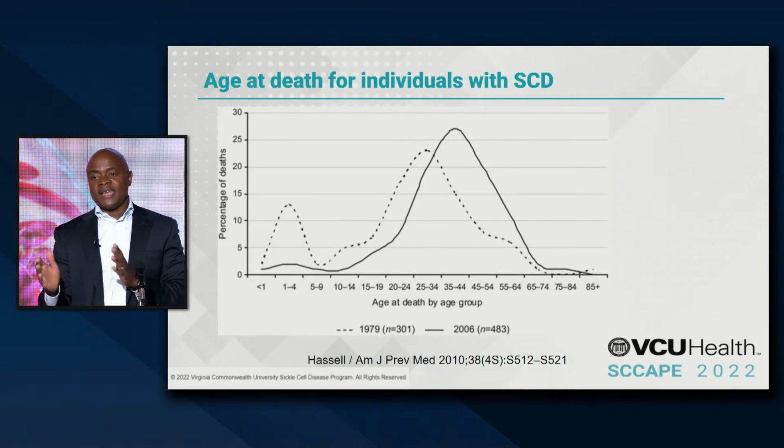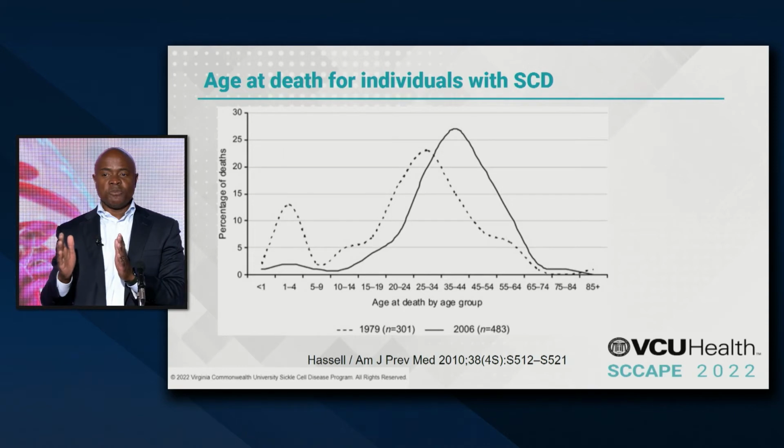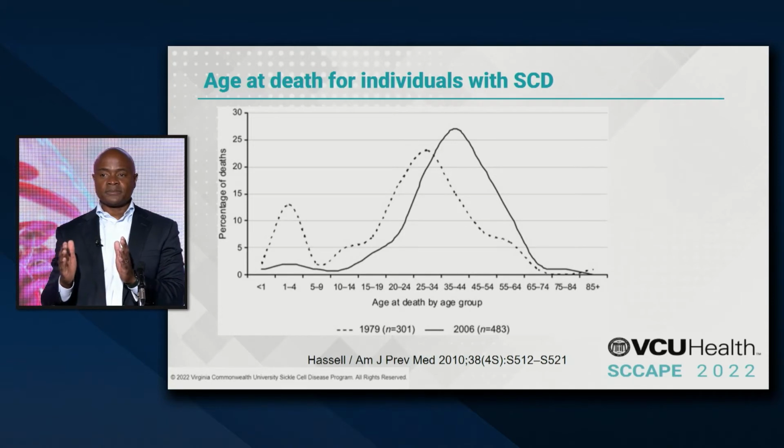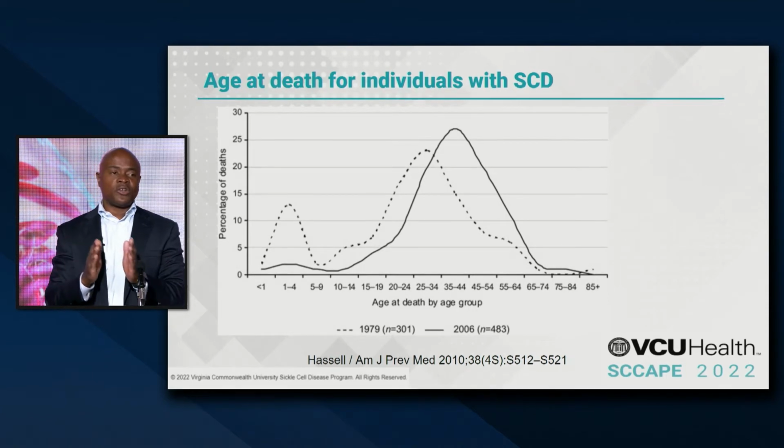And then what you then see is that the graph kind of shifts to the right, which means that as healthcare gets better, as treatments get better, the increasing mortality does not begin as early as it used to.